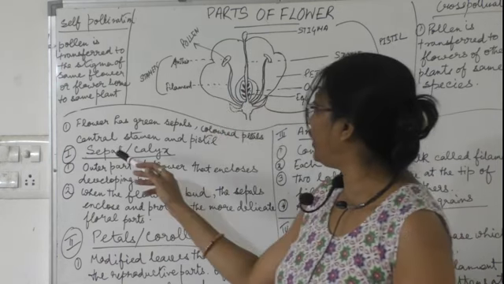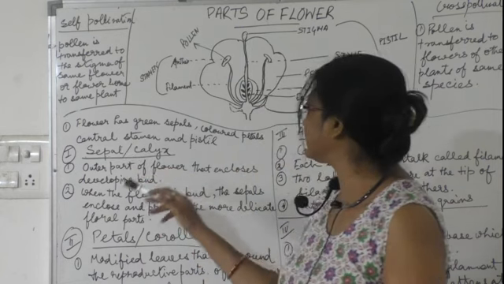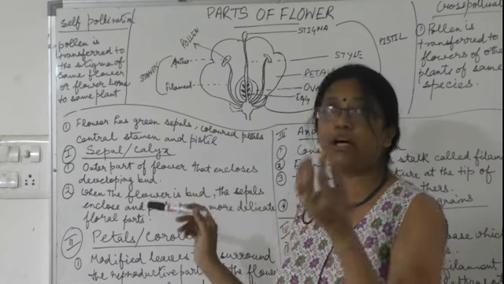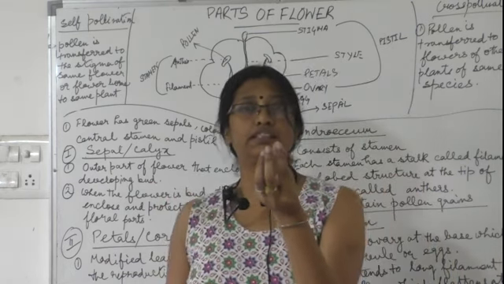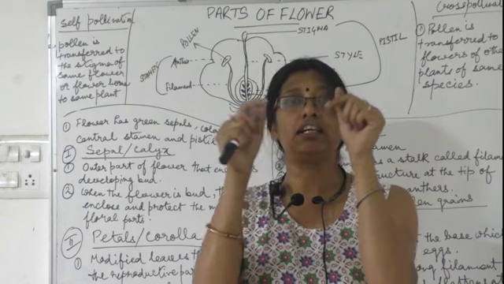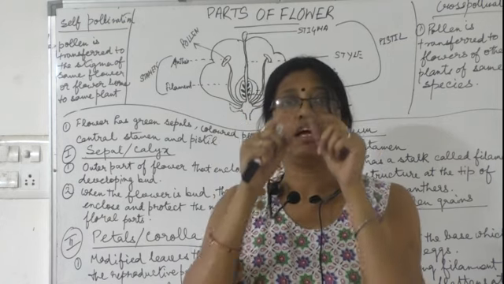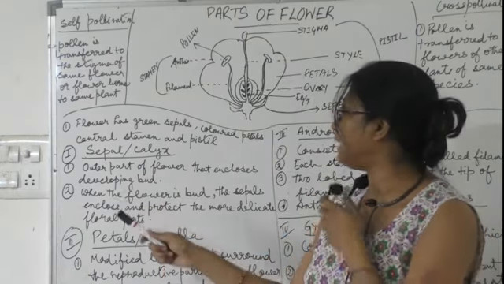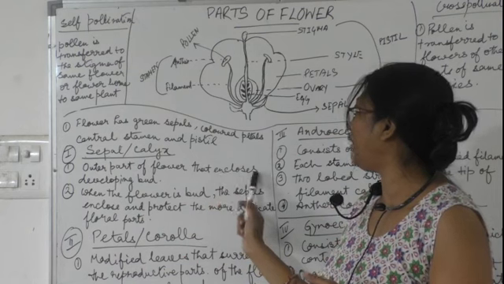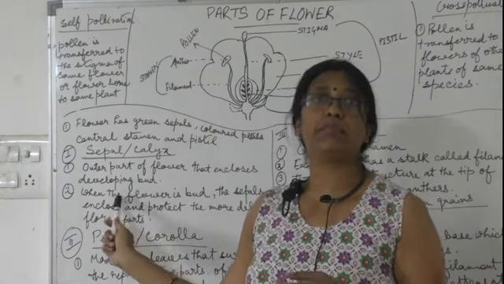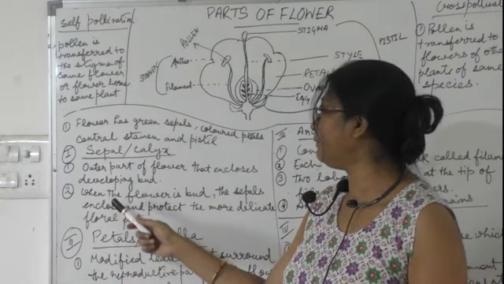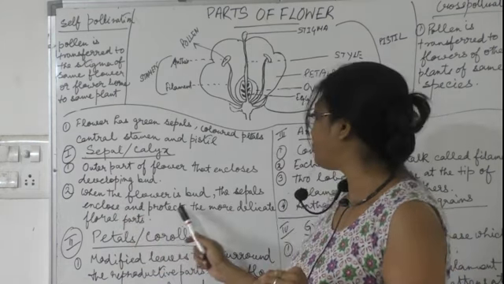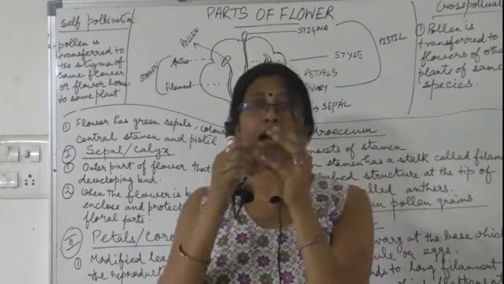First role is sepal or calyx, outer part of flower that encloses developing bud. You often notice the bud which is enclosed by green color outgrowth, that is known as sepal. Second point is, when the flower is bud, the sepals enclose and protect the more delicate floral parts.